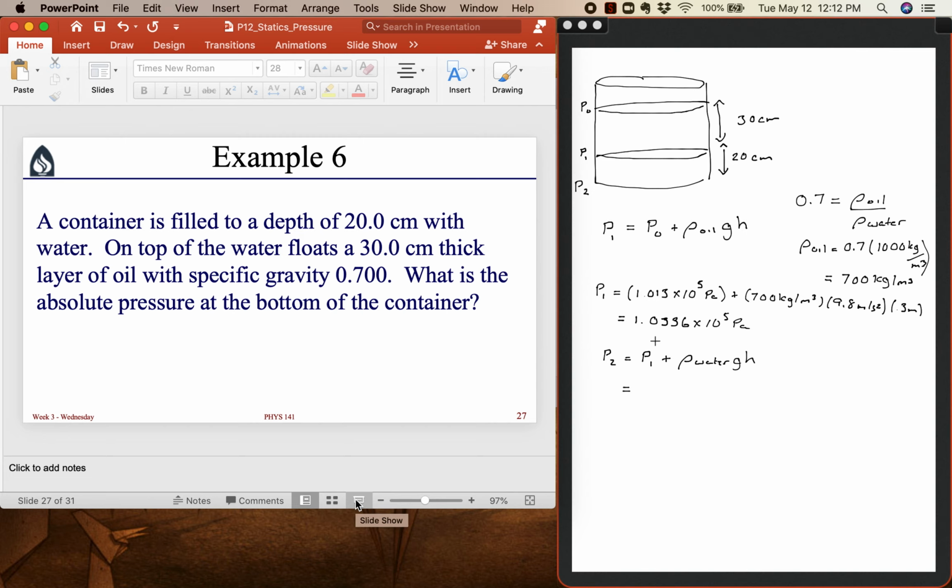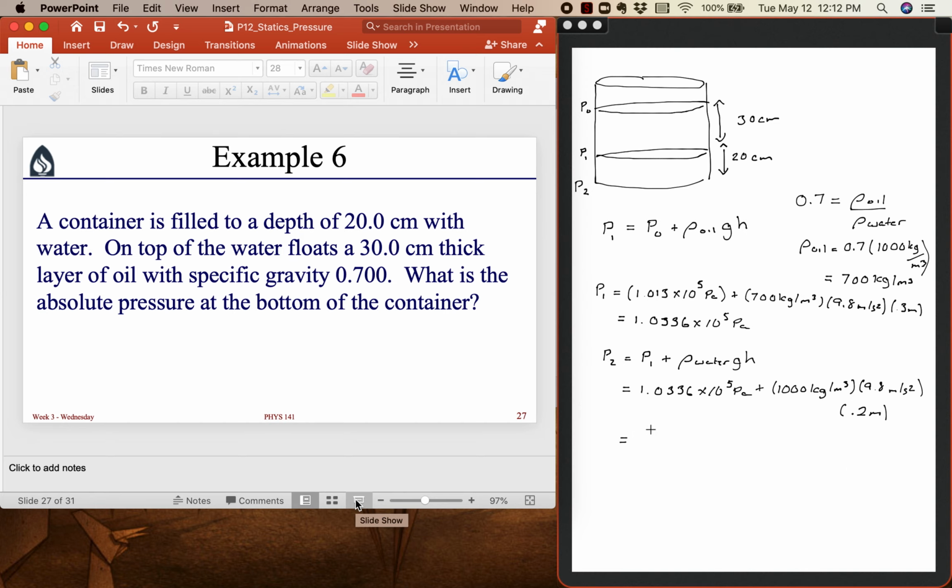We know that the pressure at the top of the water is 1.0336 times 10 to the 5th pascals, and we add to that the density of water, which is 1,000 kilograms per cubic meter, times 9.8 meters per second squared, times the depth of the water, which is 0.2 meters, or 20 centimeters.